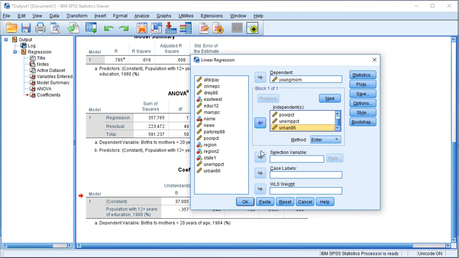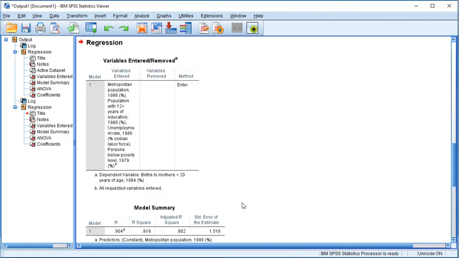I'll click OK, and again you notice that the first output indicates the dependent variable for the model in footnote A to this very first table of output, and the variable labels for all the independent variables are listed in this first cell here. It's a little hard to read, but they do have commas separating the variable labels for each of the independent variables.